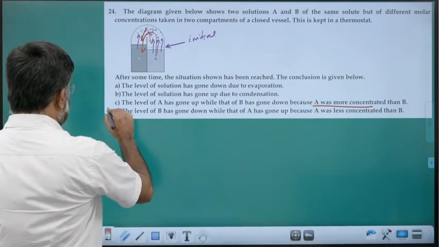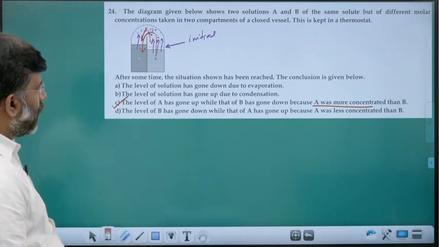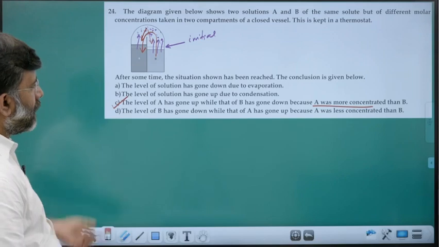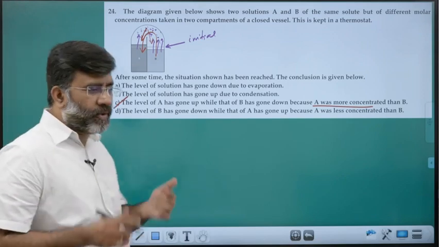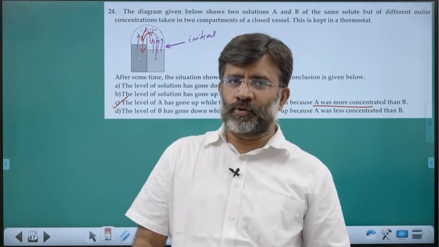So the correct answer is option C. The level of B has gone down while that of A has gone up because A was more concentrated. Suppose A was a dilute solution.